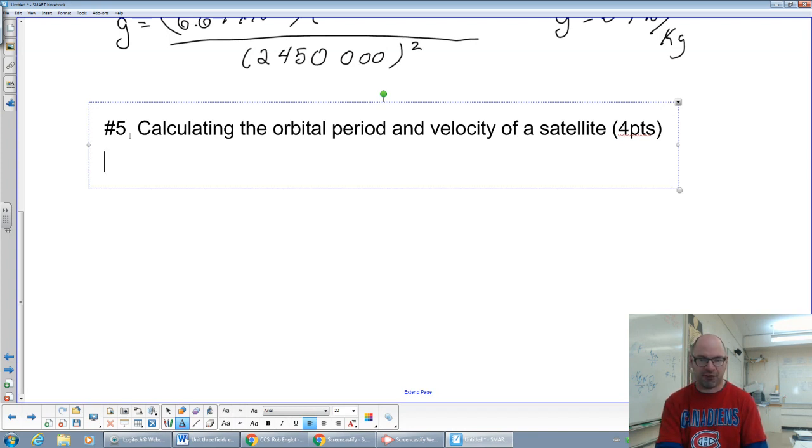I'm only going to do half of it here. I'm going to do calculating the orbital velocity, and the orbital period is a very similar formula. They'll both be on there.